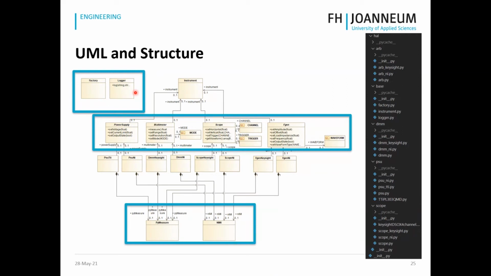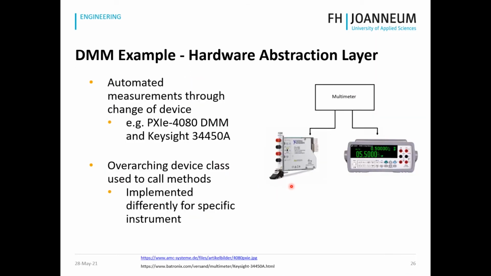And yeah, that's the overview, and the folder structure which I've developed is on the side, which is of course really similar to the HAL structure I just mentioned. Now going one step further, I will go on with my DMM example.